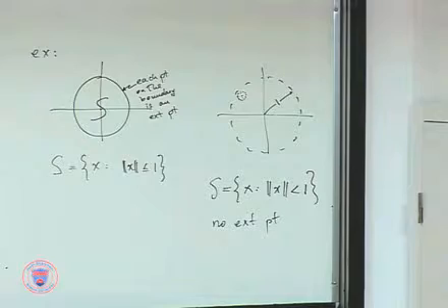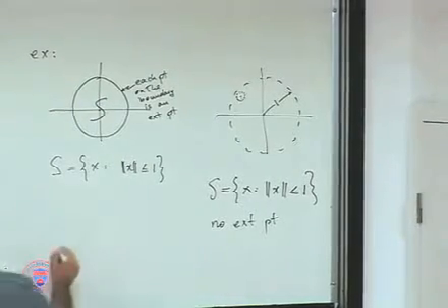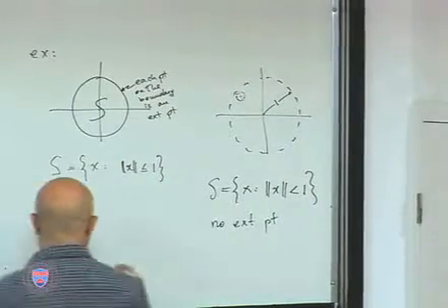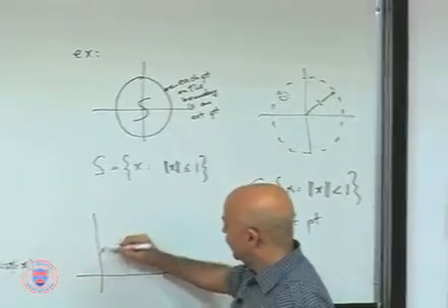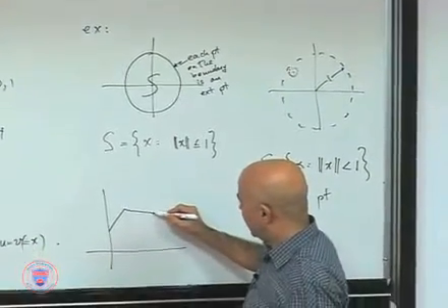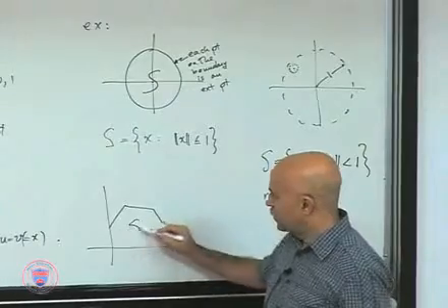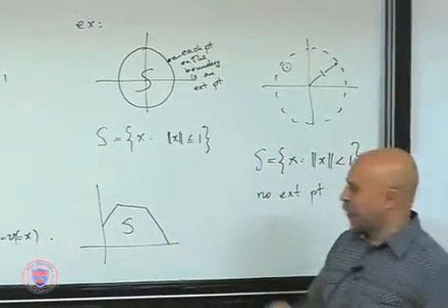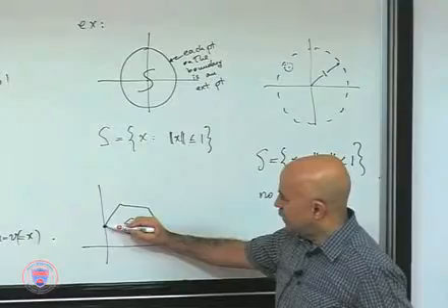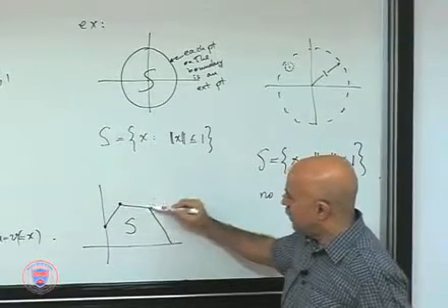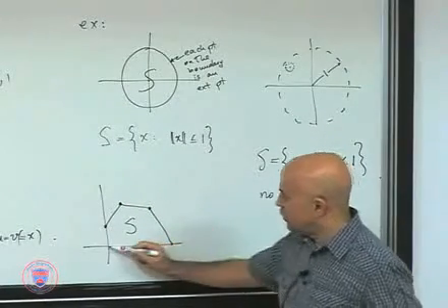Okay? All right. What about this set? Suppose you have a polyhedral set such as this one. So S is the inside as well as the boundary. In this case, these points are all extreme points.